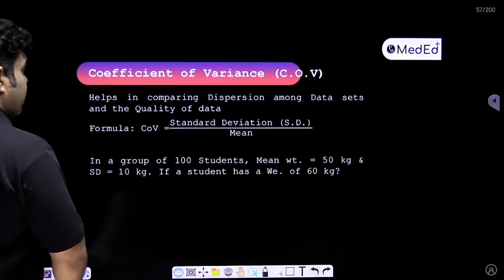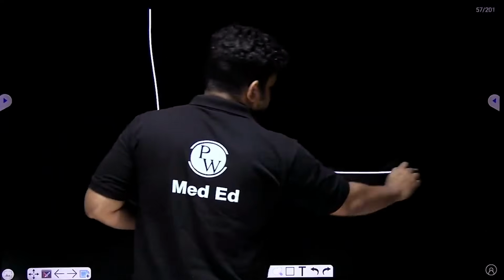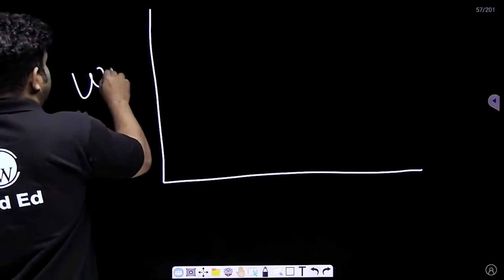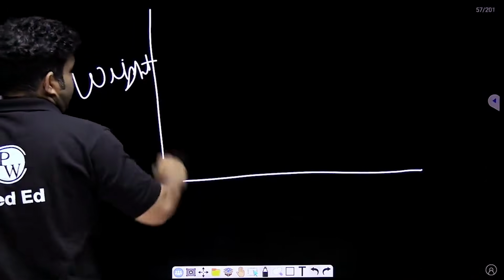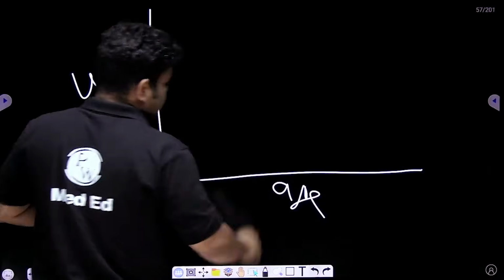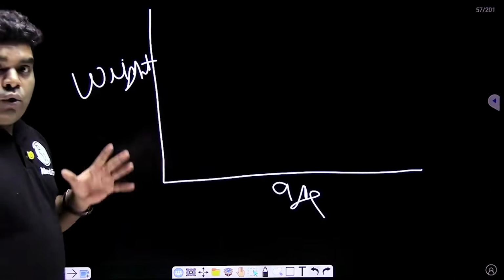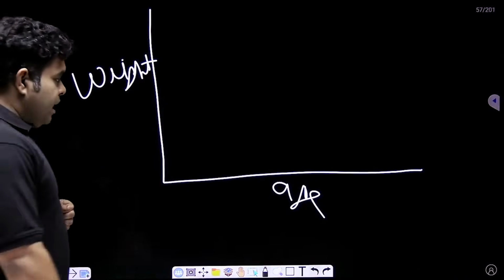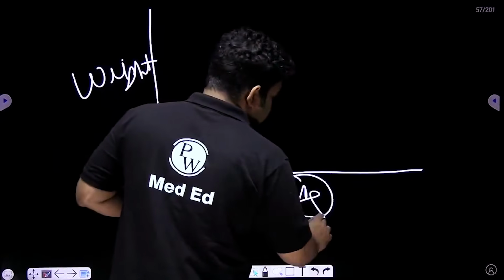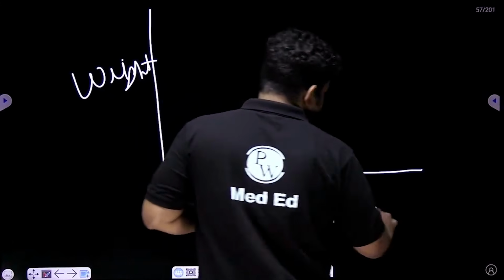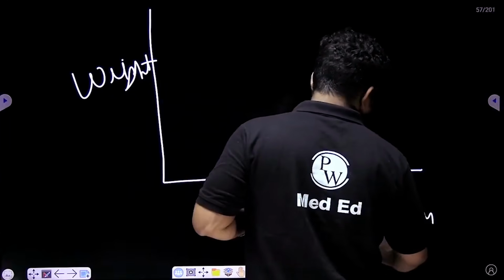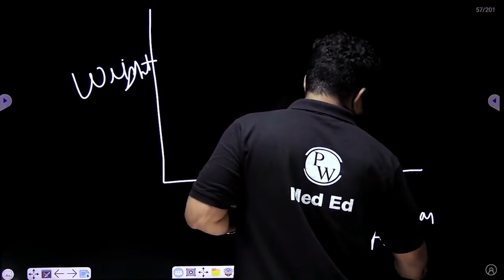So in the growth chart, I'm sure you must be knowing that we write weight here and age here. Weight for age is the growth chart of Anganwadi. And up to which age do children go to Anganwadi? Up to 6 years, children go to Anganwadi.